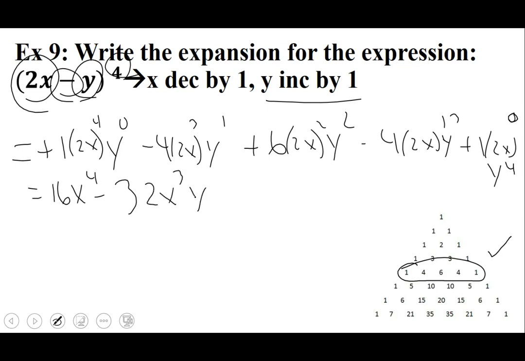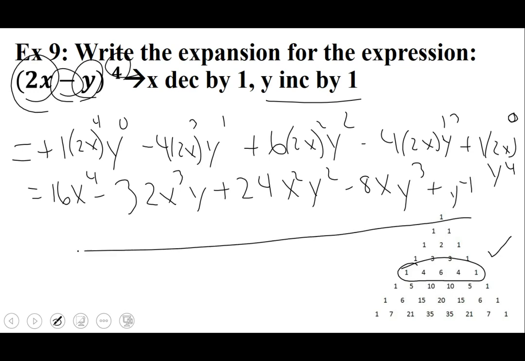Cube the x. And don't forget the y, plus square the 2, you get 4, times 6 is 24, x squared, y squared. Then 2 times 4 is 8, x, y cubed. And last but not least, a positive y to the fourth.